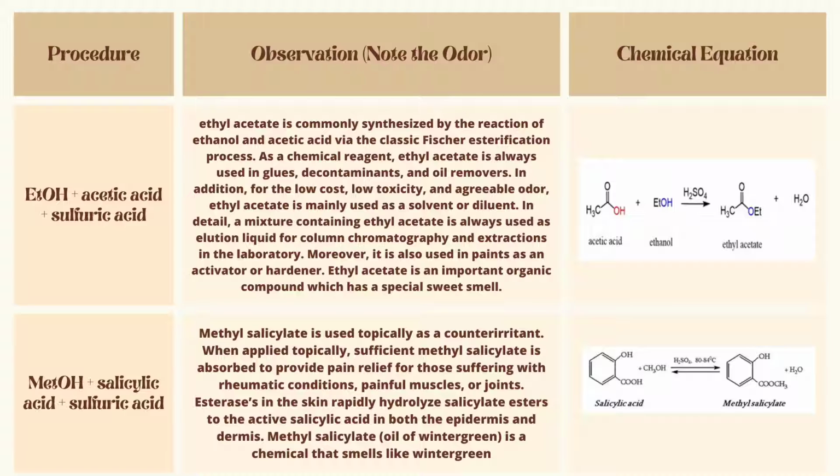Esterases in the skin rapidly hydrolyze salicylate esters to the active salicylic acid in both the epidermis and dermis layer of the skin. Methyl salicylate, or oil of wintergreen, is a chemical that smells like wintergreen. So this is the illustration of the chemical equation of the second procedure.